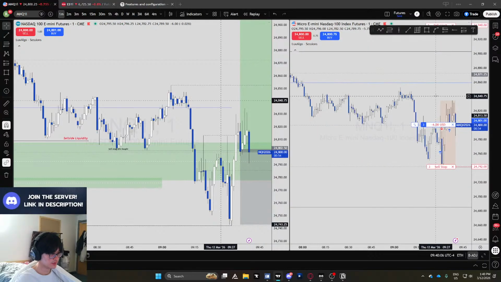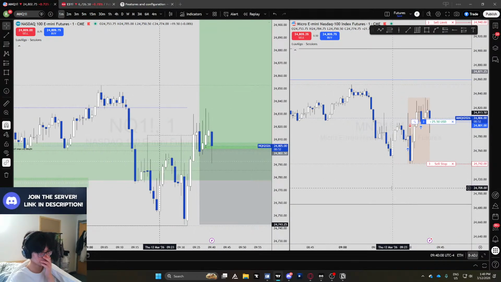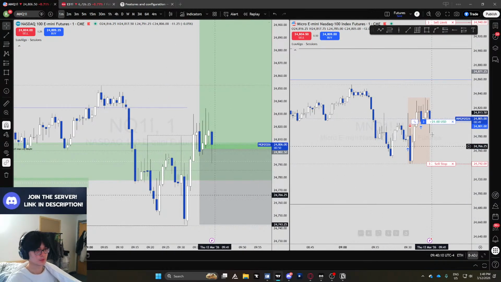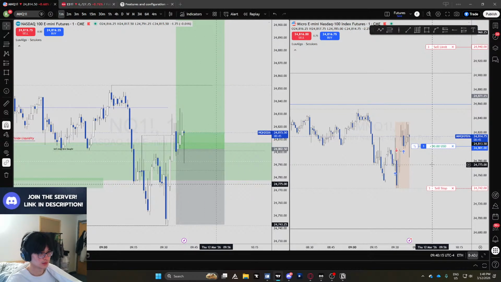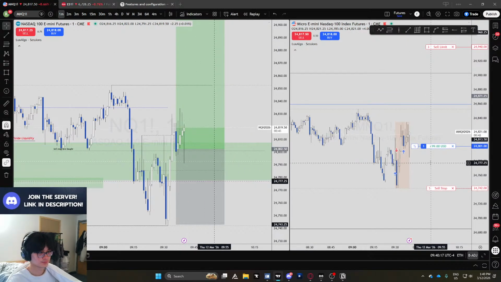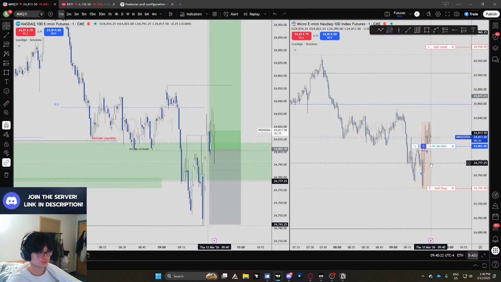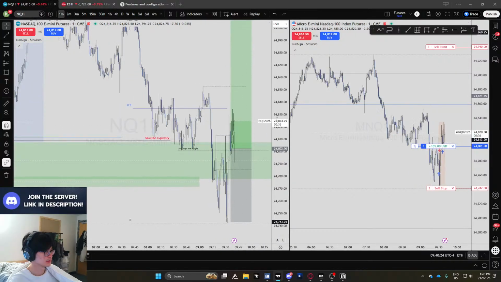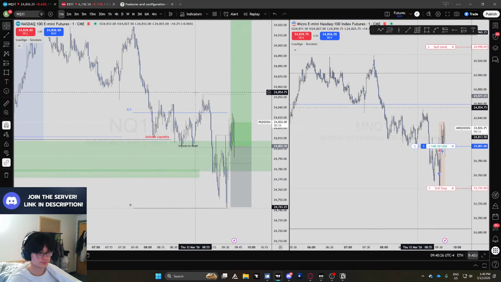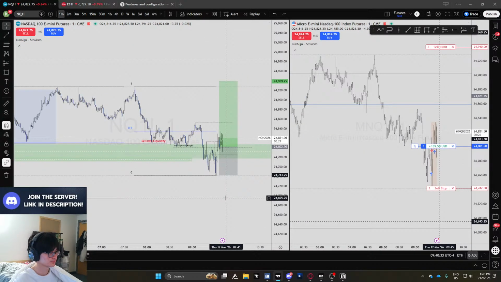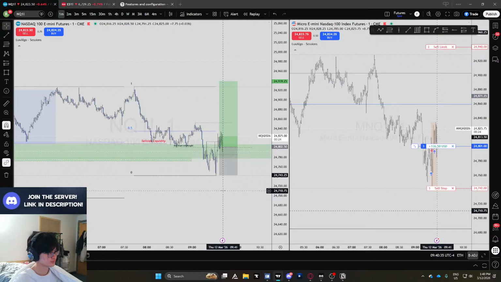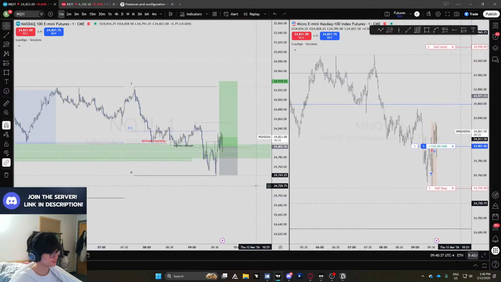Yes, it's still doing its own thing. Allow price to just try and move higher here. Might be taking off one here. Premium swing high. Not too sure.